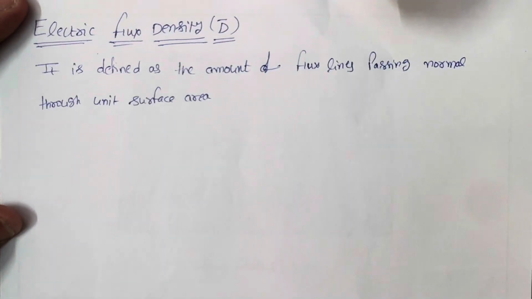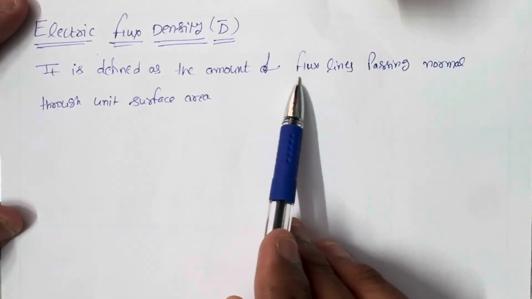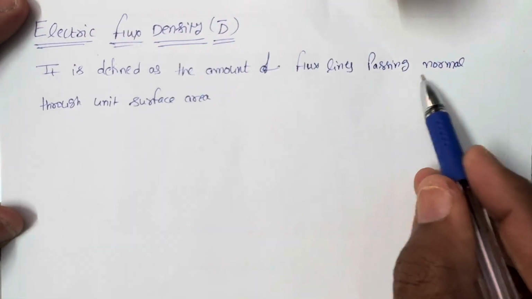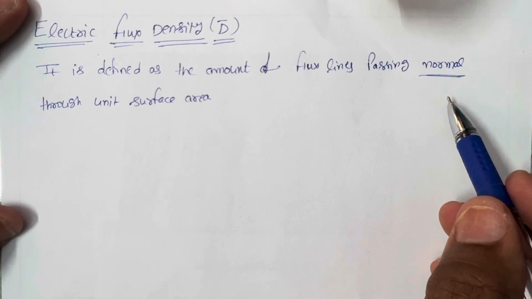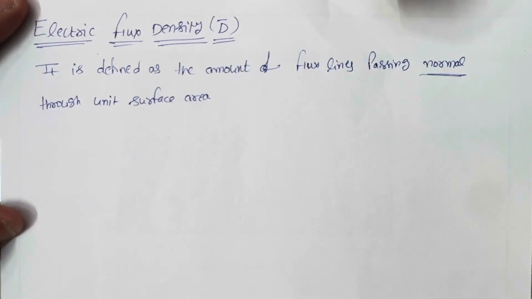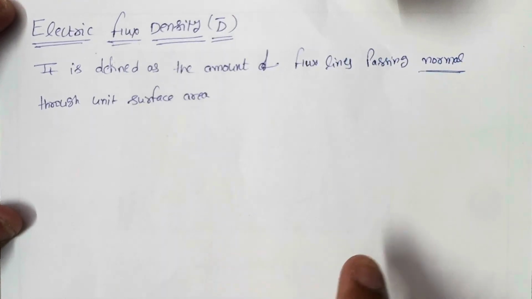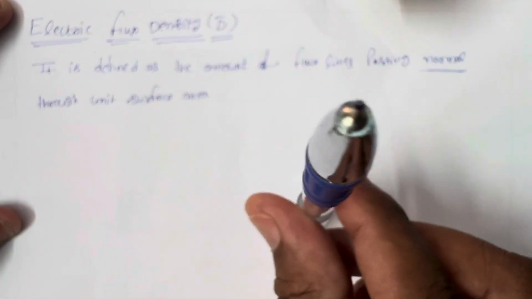The amount of flux lines passing normal. Here normal means perpendicular to the plane. For example, if we have a plane like this paper, normal means like this.